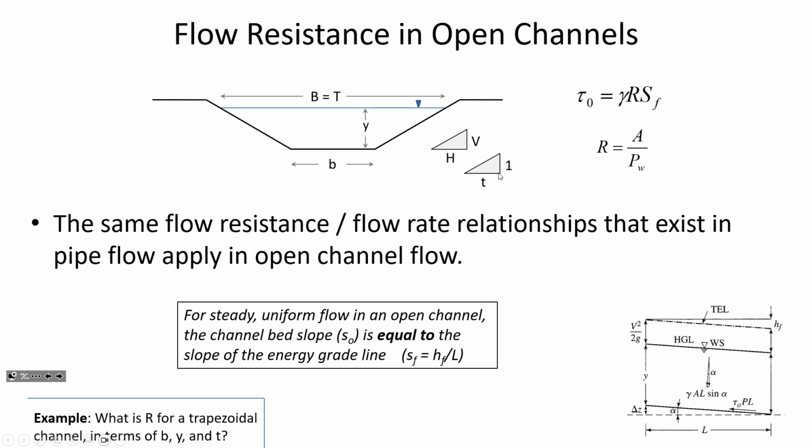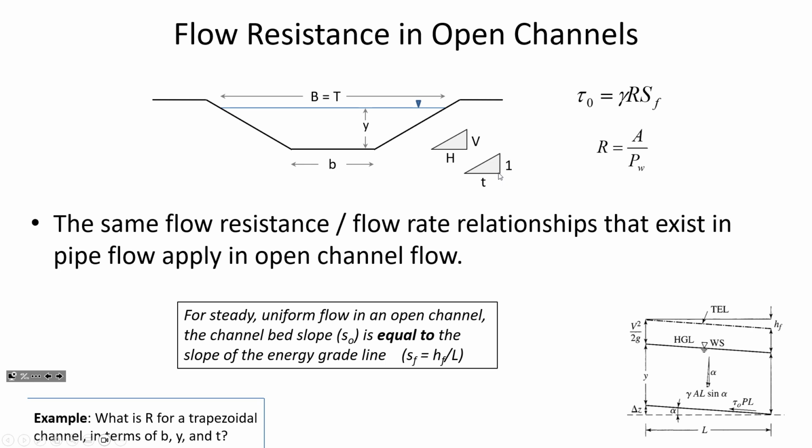The wetted perimeter is B plus 2 times the square root of Y squared plus T times Y squared. And one thing I'll point out is that this length is the square root of Y squared plus TY squared.